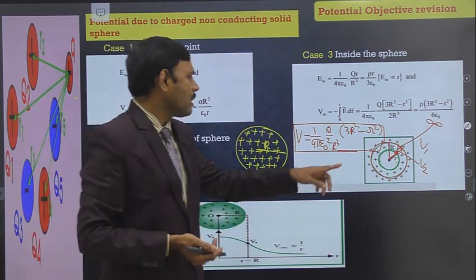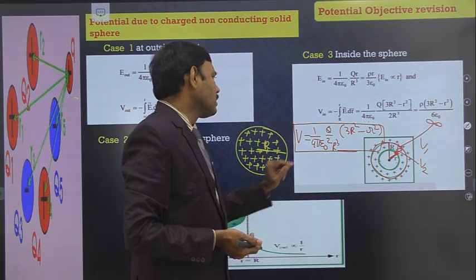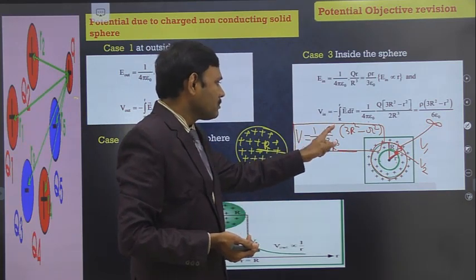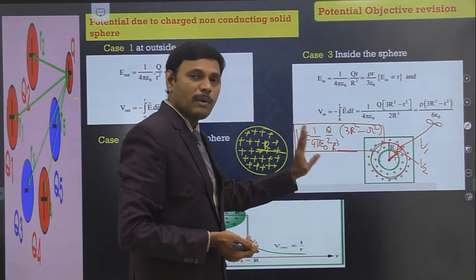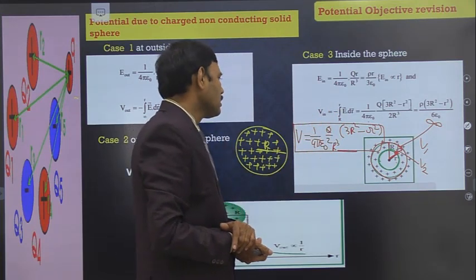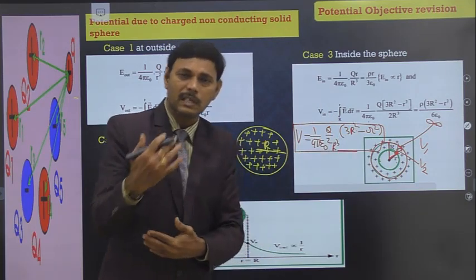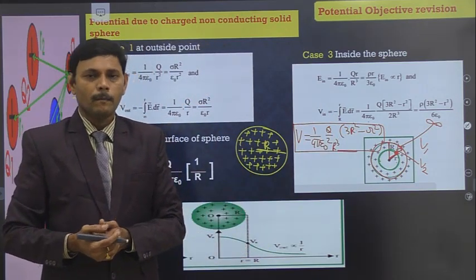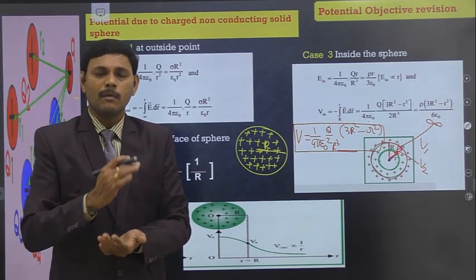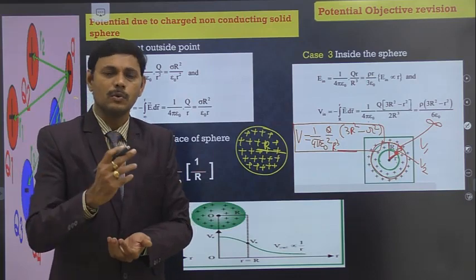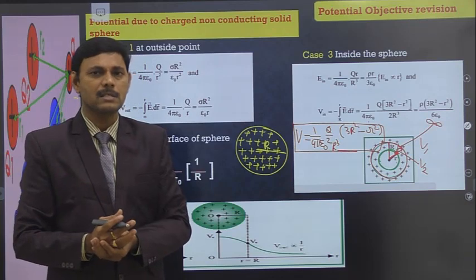There, we replace Q by M: charge here, mass there, and 1 by 4 pi epsilon naught by G. So, this is the gravitational potential. Here we are discussing electrostatic potential.